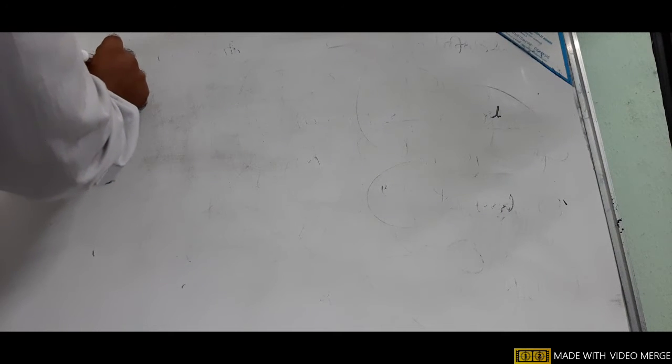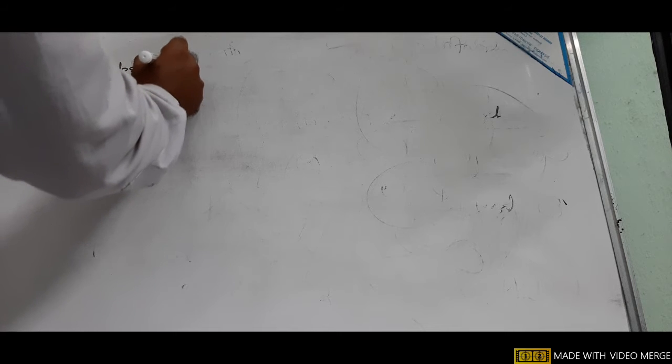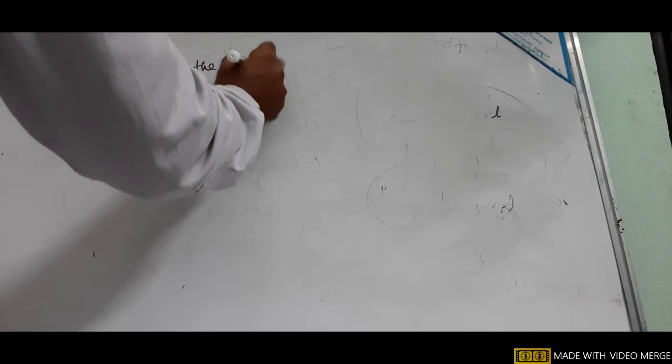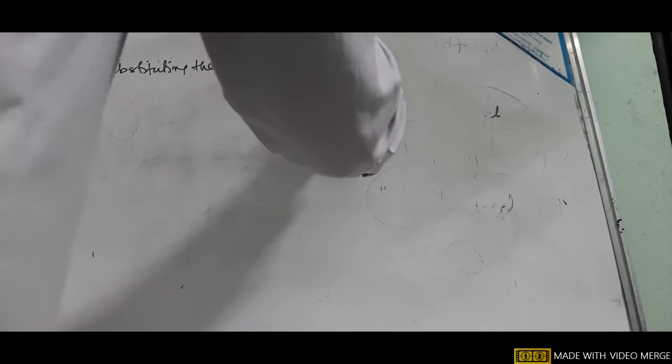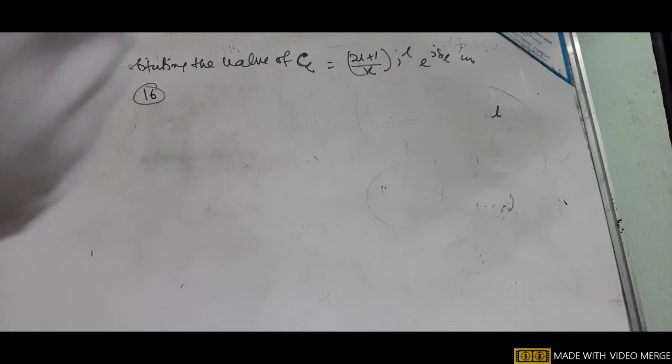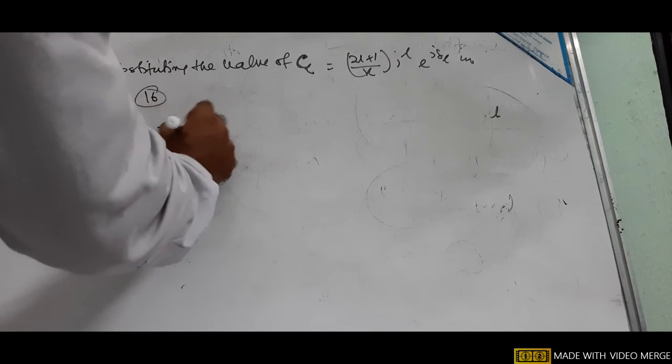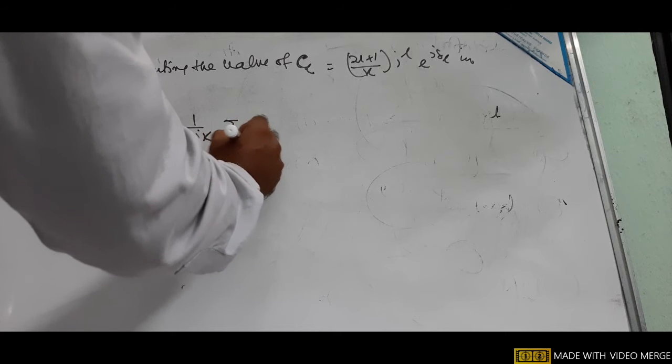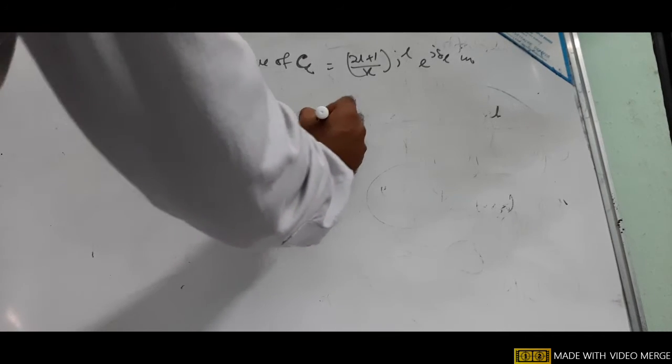Substituting the value of CL from 15 in 16, where CL is equal to (2L plus 1) by k I to the power L e to the power I delta L, we get f theta equal to 1 by 2 I k summation L equal to 0 to infinity (2L plus 1) (e to the power 2 I delta L minus 1) PL cos theta.